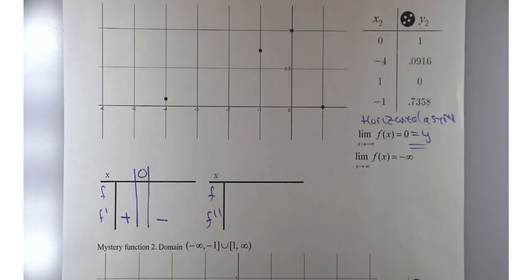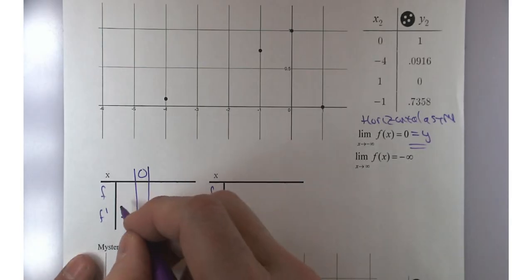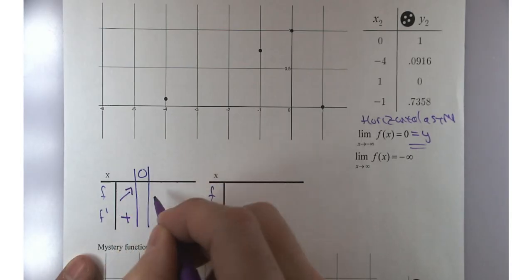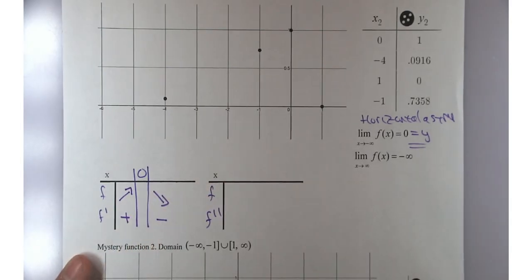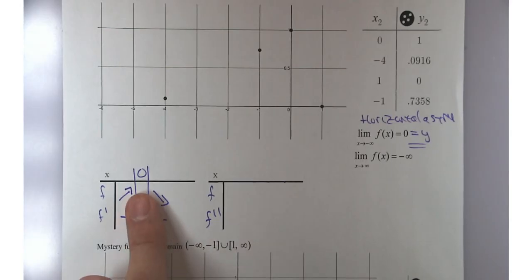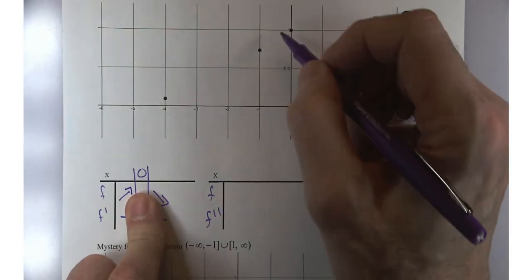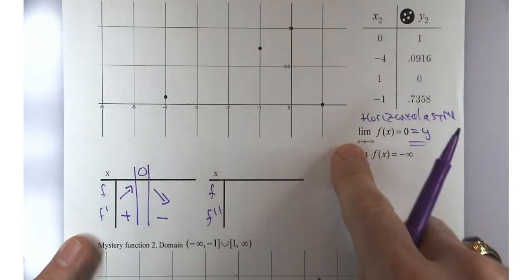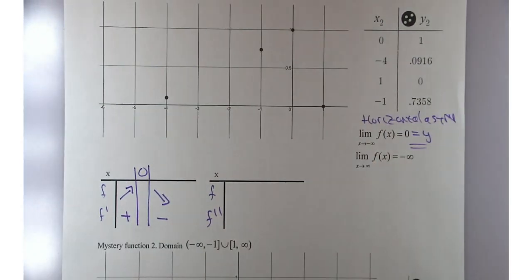So, what's that telling me about my function? Increasing and then decreasing. So 0 has to be an absolute maximum. It can't deviate from that. You can't get any bigger than what's going to happen here. If the function is increasing until it gets to this point and then decreasing afterwards, that has to be an absolute maximum.